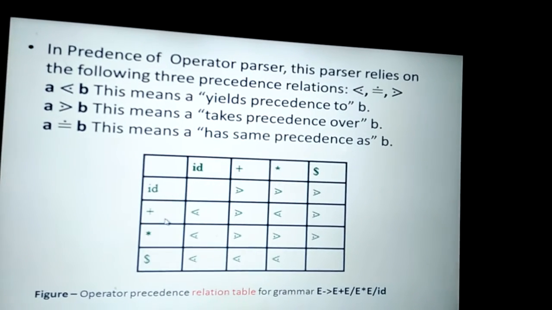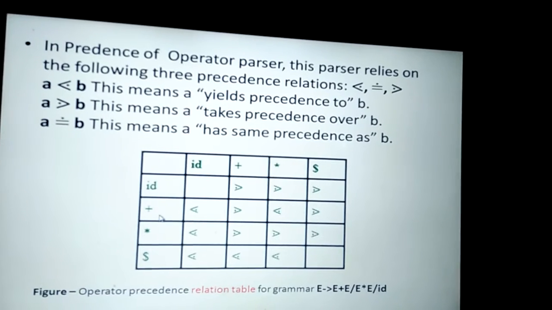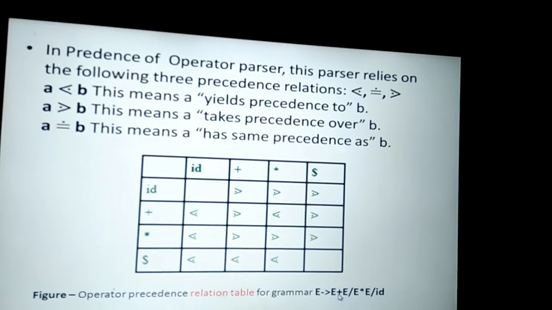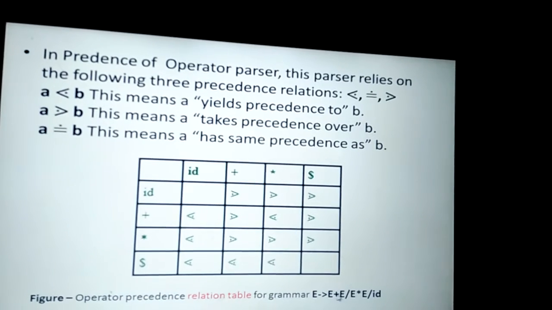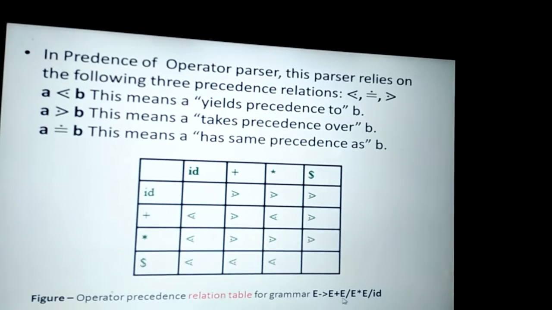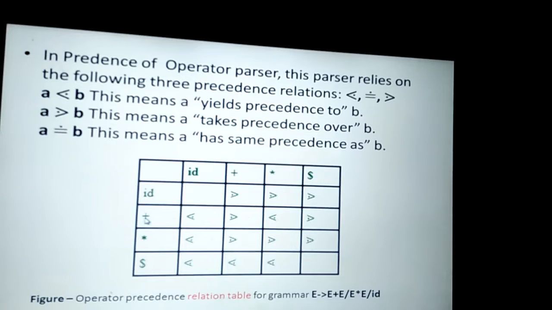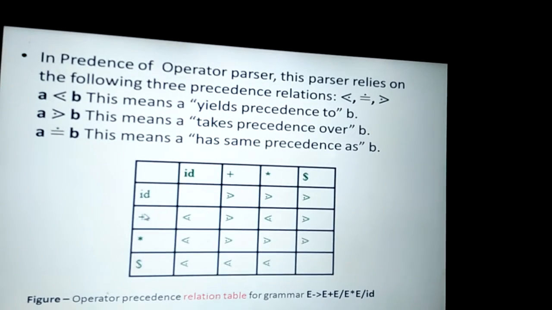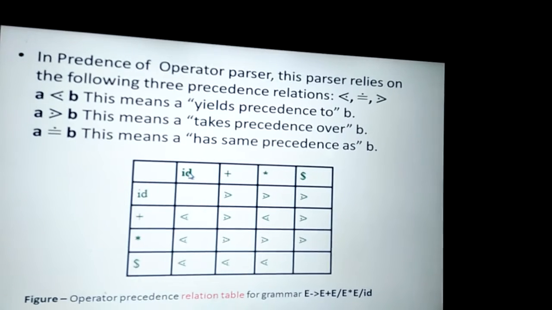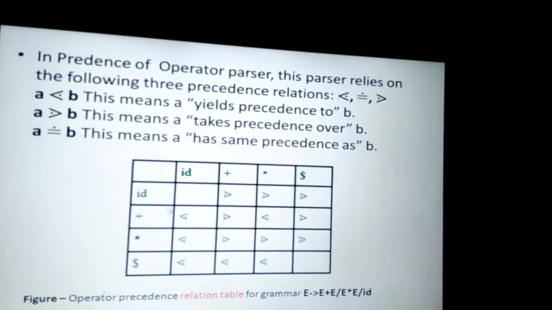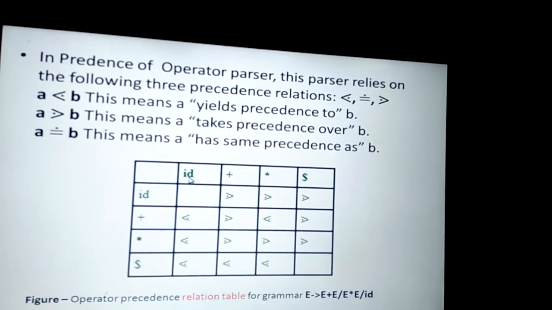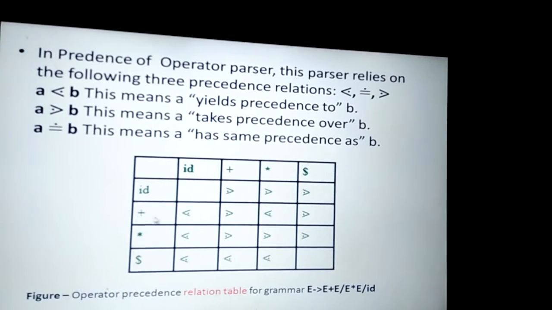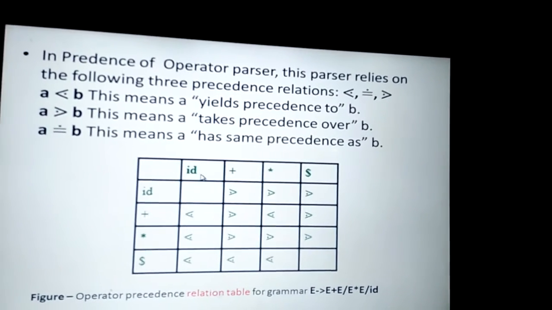Next, going to the next row, that is the plus operator. If plus is compared with the identifier, the addition is the operator plus, and it is compared with the next identifier, that is E, then naturally E takes the highest precedence over plus, so plus has less precedence than this identifier.